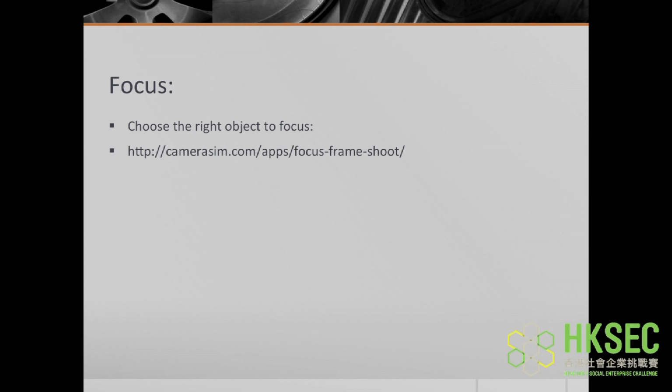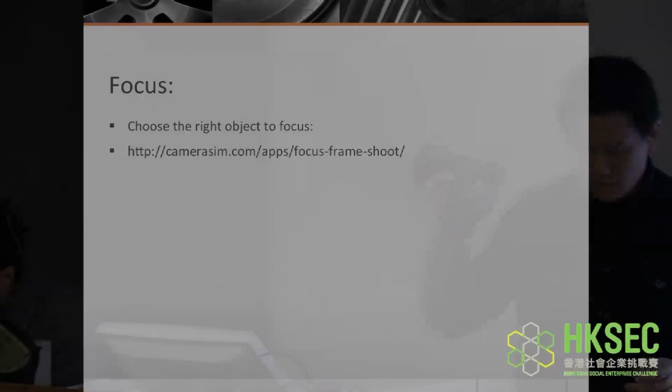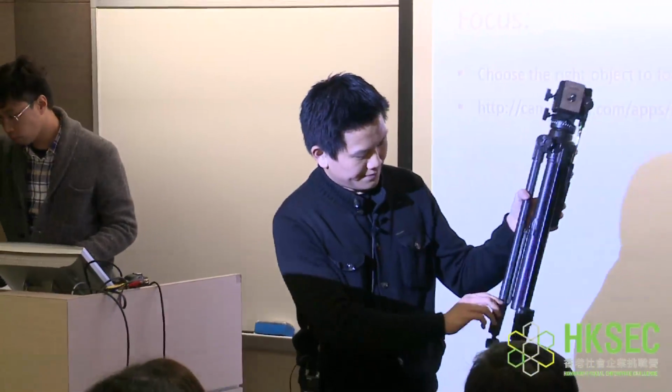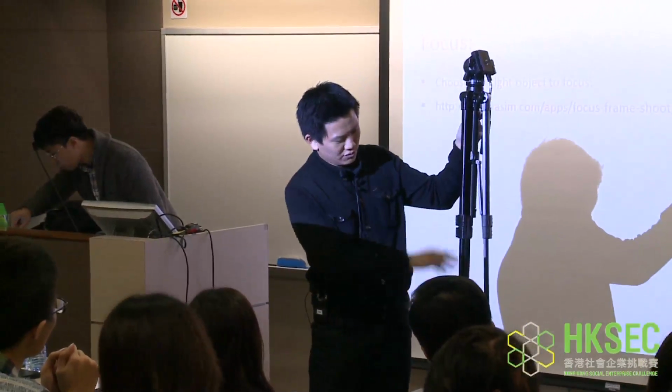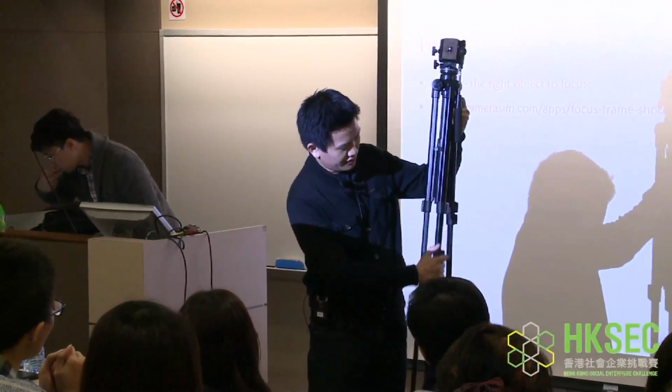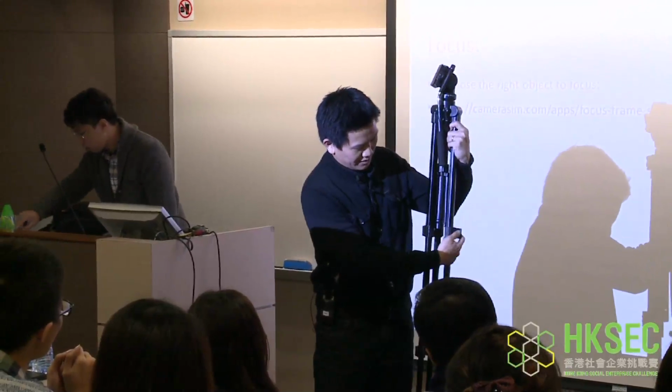I'm going to show you by putting this camera on the tripod. In the exercise, each group will be allocated a tripod. When you're using a tripod, be very, very careful. There are two sections. You can lift up to the third one.